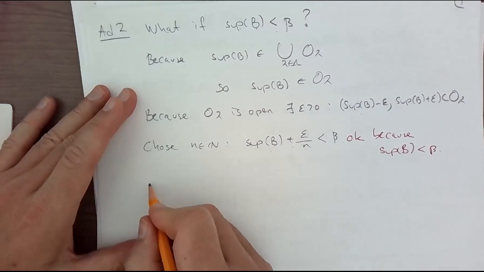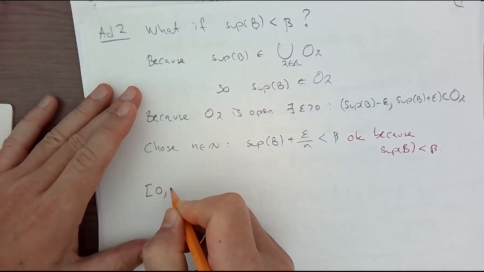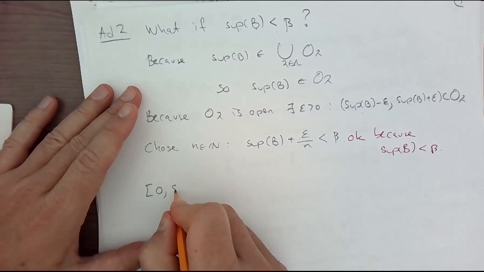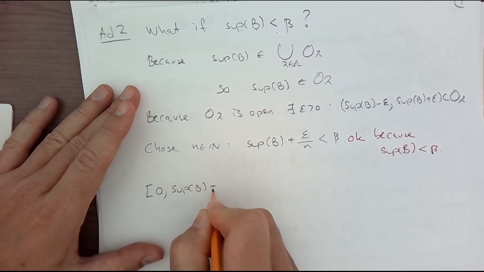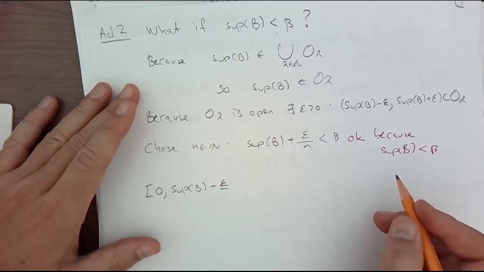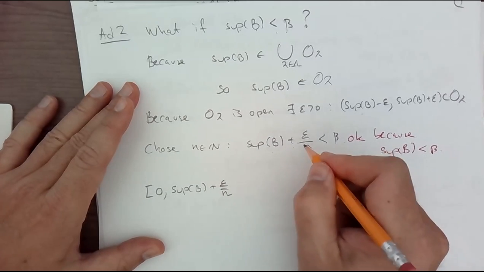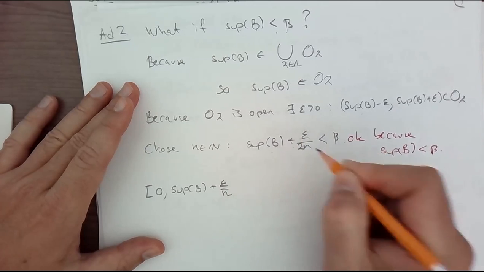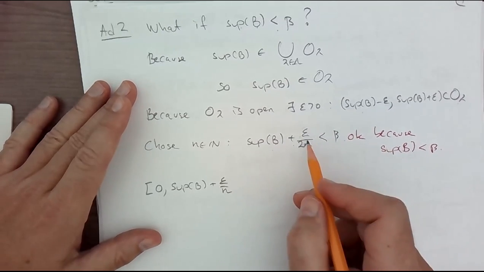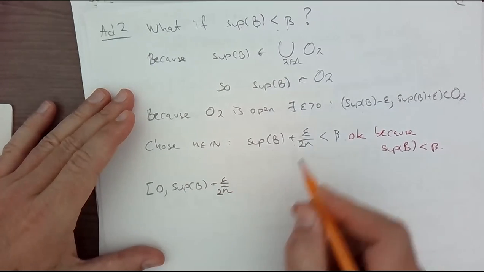And the way that I'm going to do it is very similar to before. We're going to be looking at the interval from 0 to sup b plus this epsilon over n. Let me just multiply it onto a half here as well. That's still fine. I just want to make sure I'm inside. I just put a 2 here. That's fine.